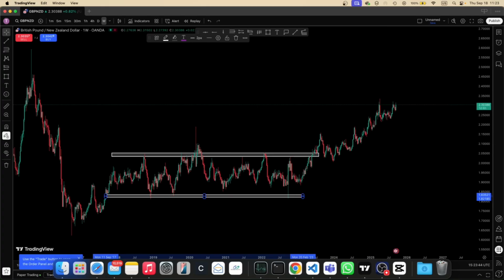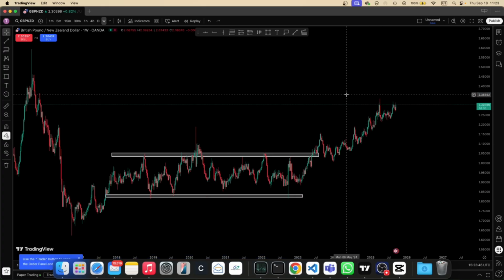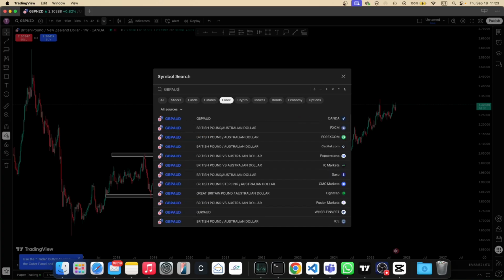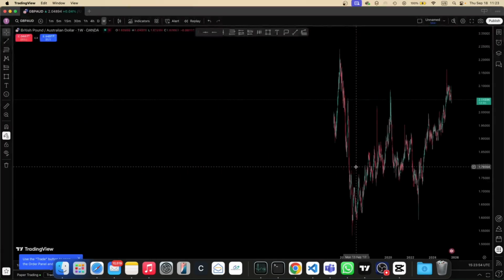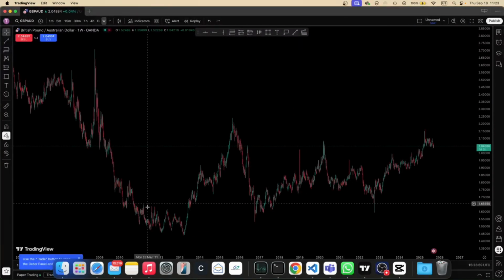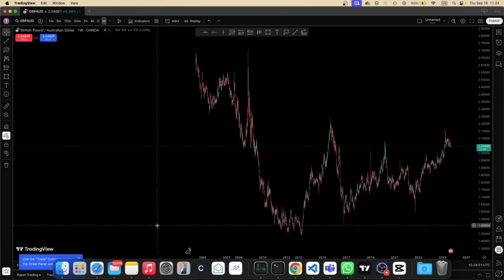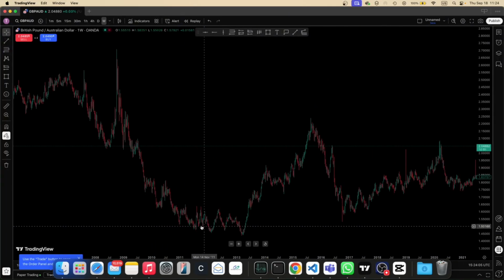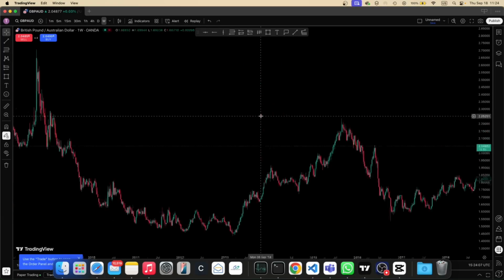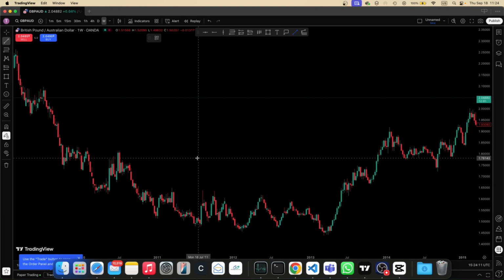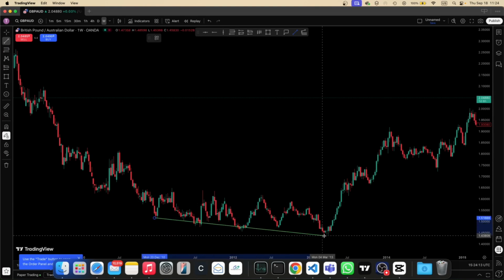So that is one example. Let's look at GBP AUD. Yeah, this one, there is a small range here, but you can see the range is not like a straight line, it's like a trend line.